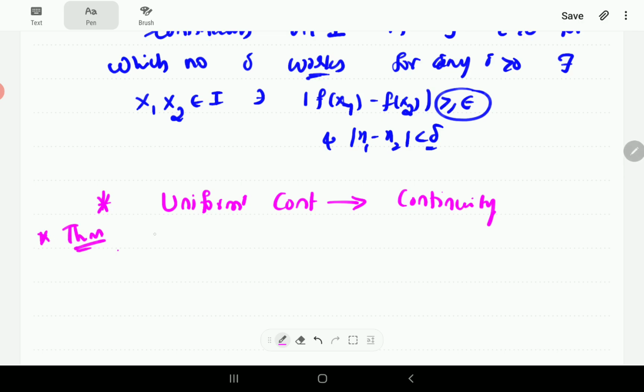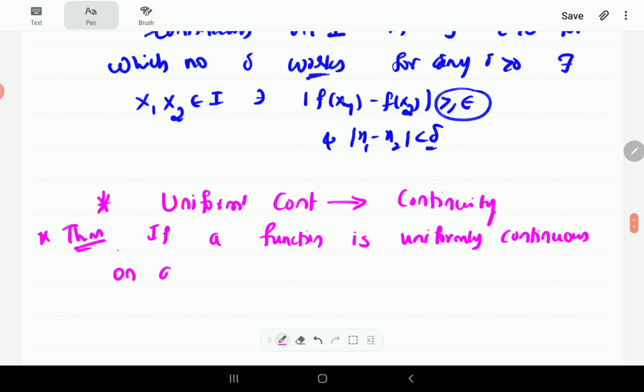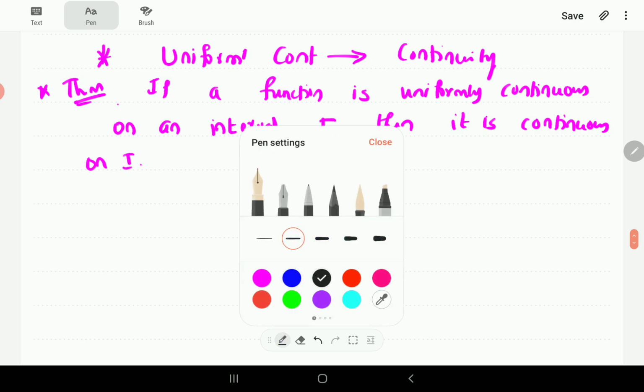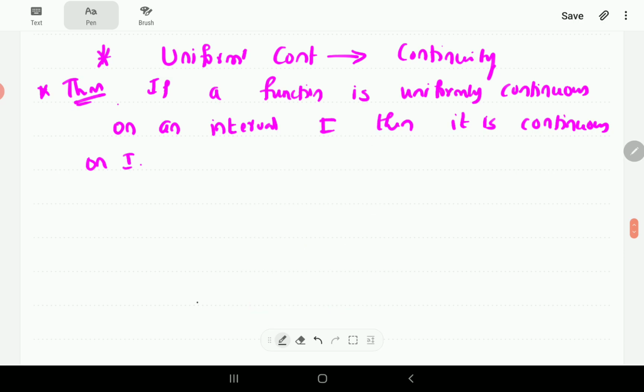It says that if a function is uniformly continuous on an interval I, then it is continuous on I.